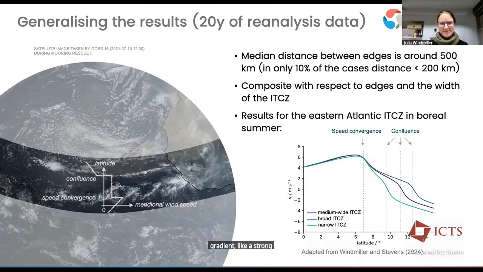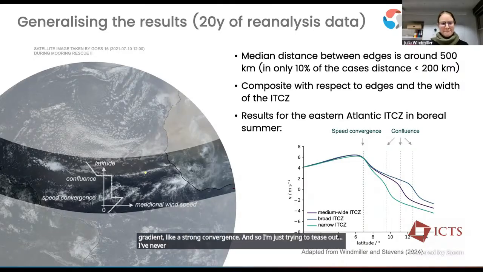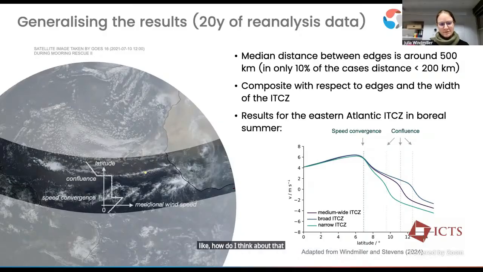I'm just trying to tease out, I've never thought about confluence until this week, but is there something special about the zero crossing in and of itself? How do I think about that relative to just the straight magnitude of the convergence?